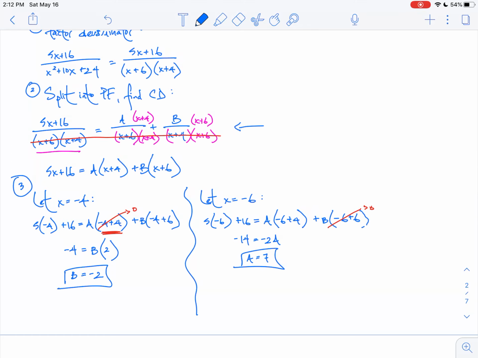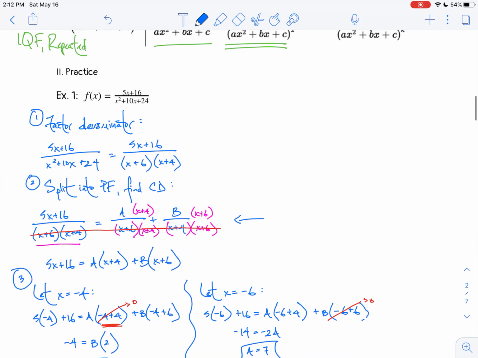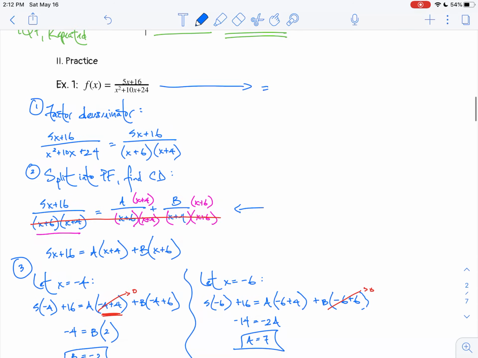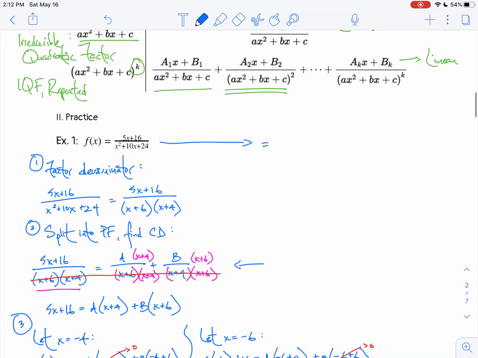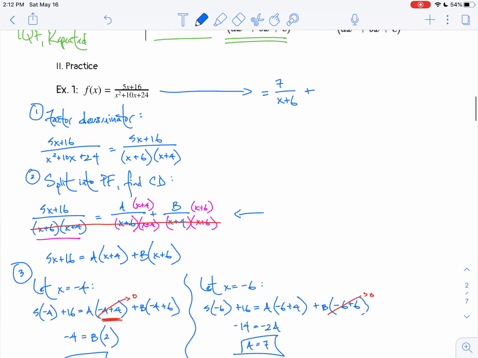to my partial fraction. So our final answer is going to be equal to a over x plus 6, so 7 over x plus 6, plus b over x plus 4, or negative 2 over x plus 4.